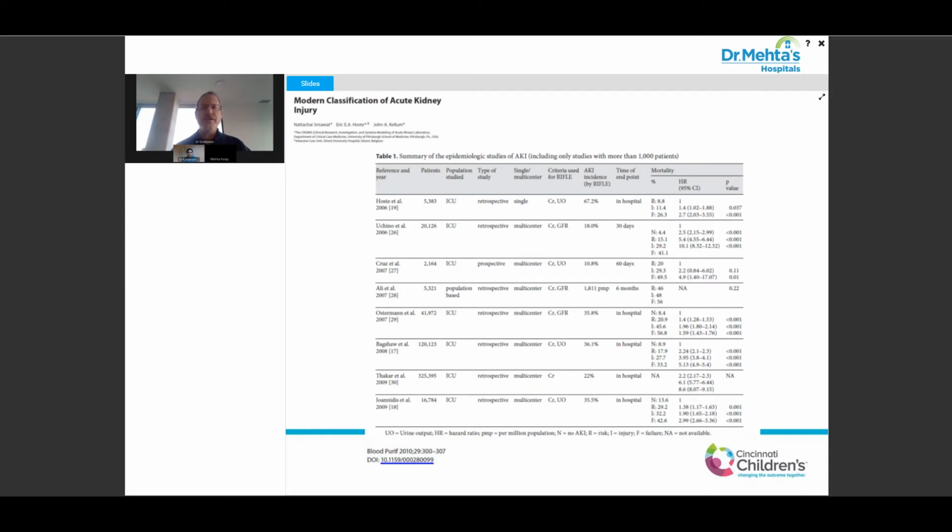25% decrease in GFR, who had risk, had a higher mortality risk than patients without AKI.